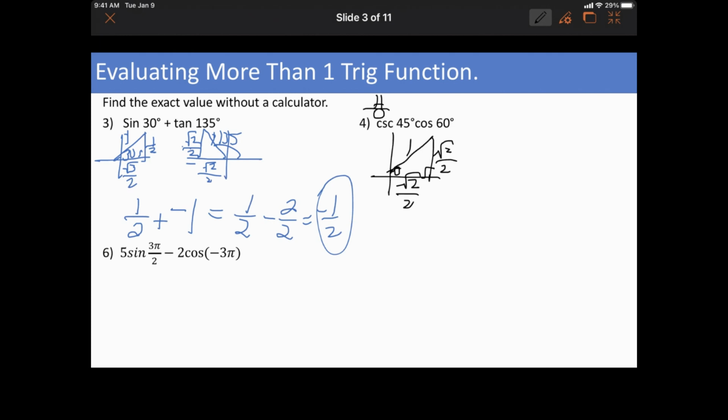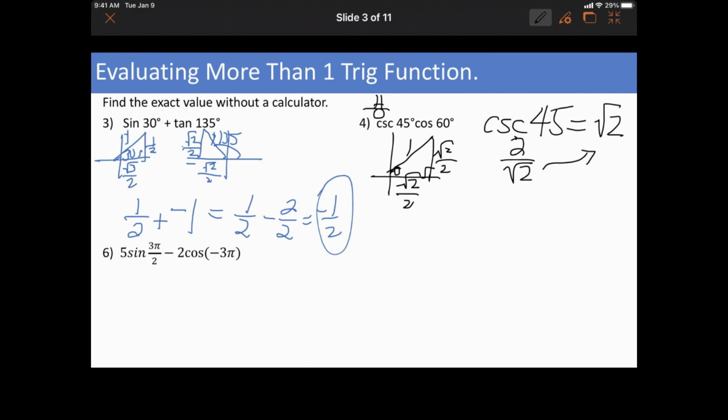So this is going to be the square root of 2. It's the reciprocal of that, which simplifies to there.